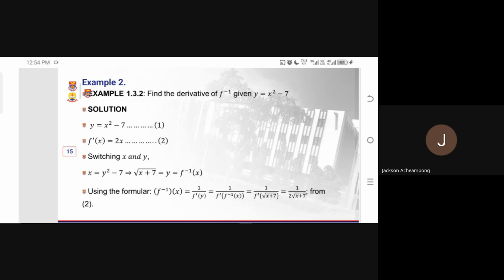Please take your time. What is the inverse of y? Square root of x plus 7.